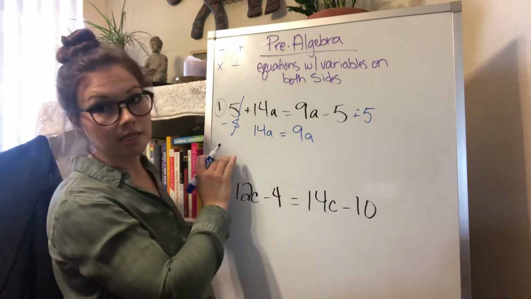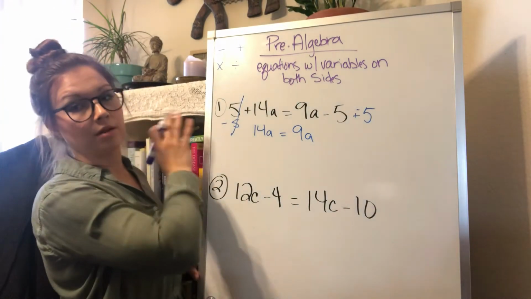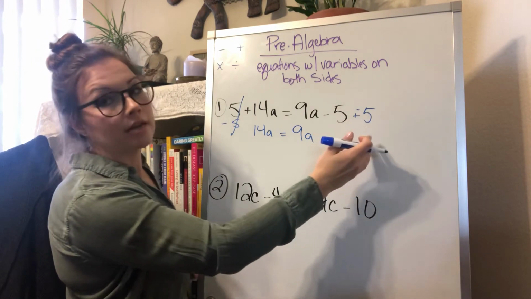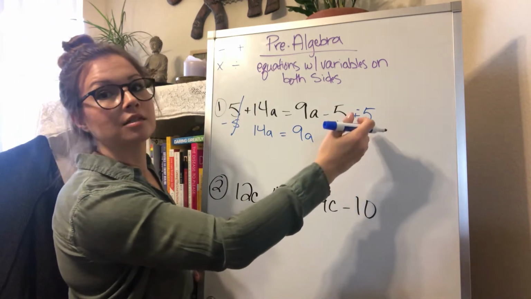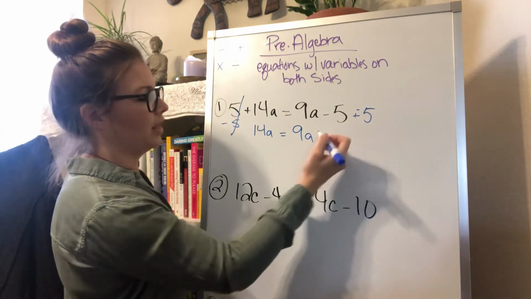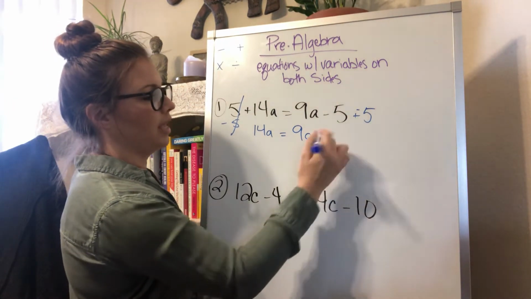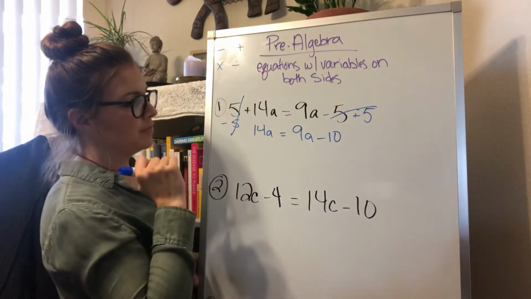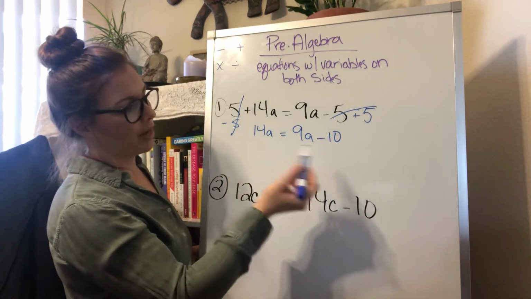If I'm already negative and I'm going to subtract more, that means I'm going to be more negative. So that's how we get negative 5 minus 5 is the same as negative 5 plus negative 5. So negative 5 and negative 5 is negative 10. Okay, so that's done. Bring those down. 14a equals 9a minus 10.